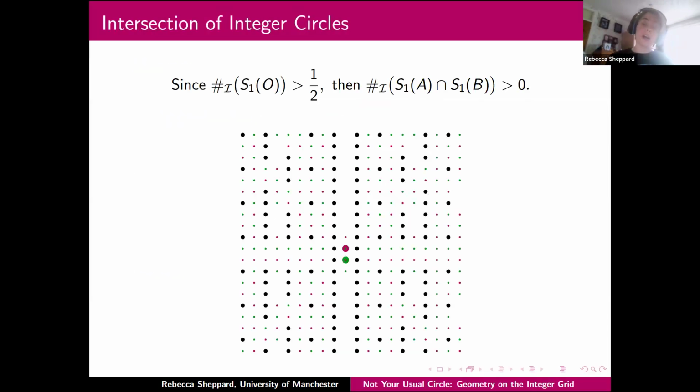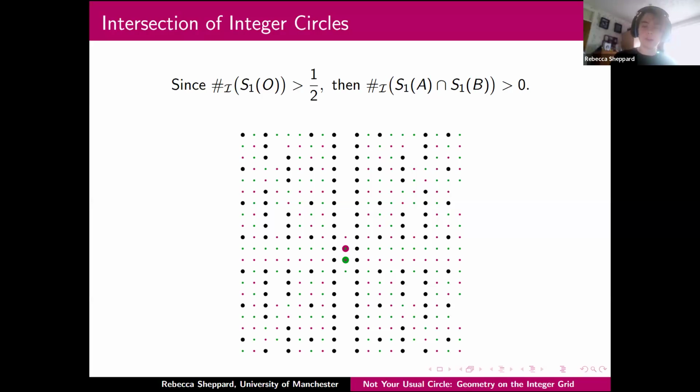So on this figure, every dot on this screen belongs to the union of the integer circles centered at the large dots. The purple dots represent points which are on the unit circle centered at the purple dot, but they're not on the unit circle centered at the green dot.